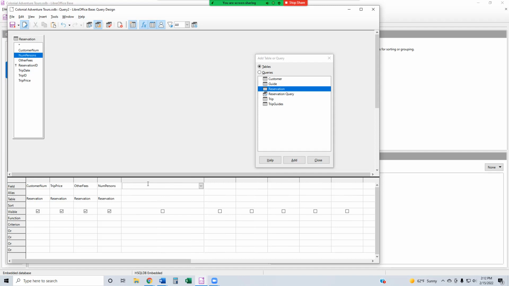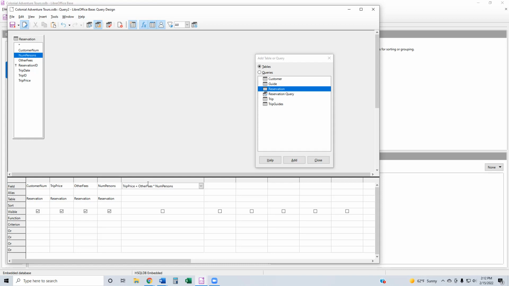Oops, we got to use the correct capitalization. Trip price plus we're going to add the other fees to the trip price, and then we want to multiply by the number of persons.